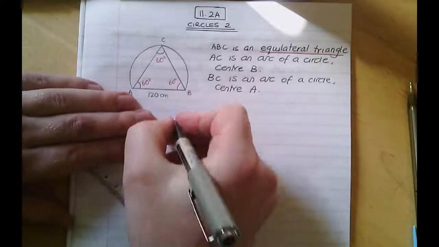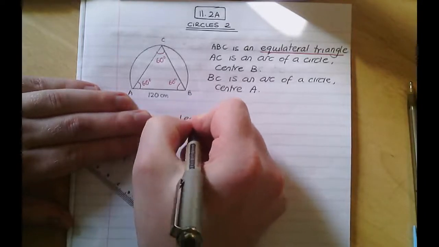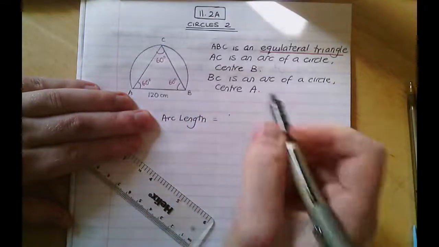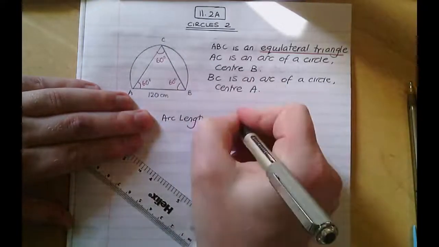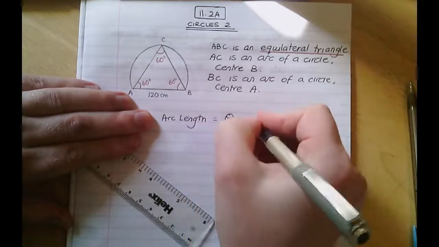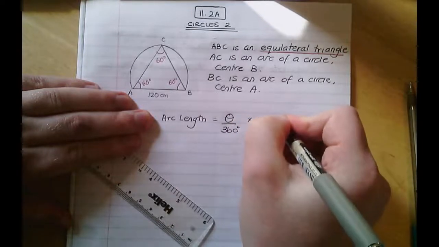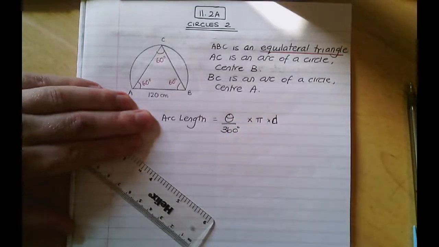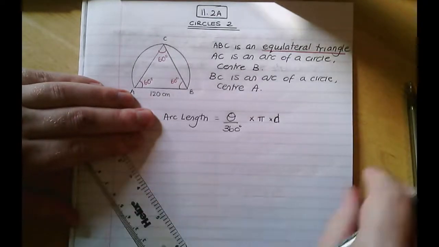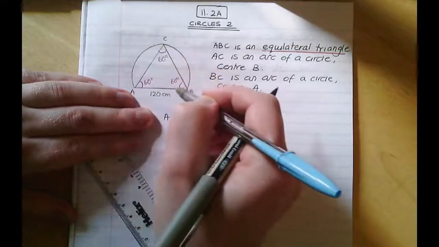Right, so arc length, we should know, is a part of the circumference, so theta divided by 360 degrees times pi times d. So now we're just going to look at this part here.